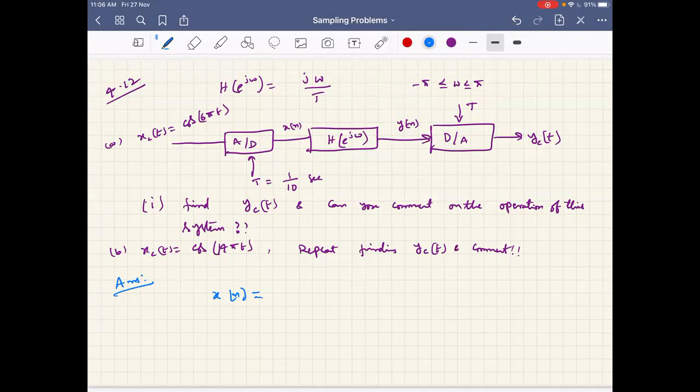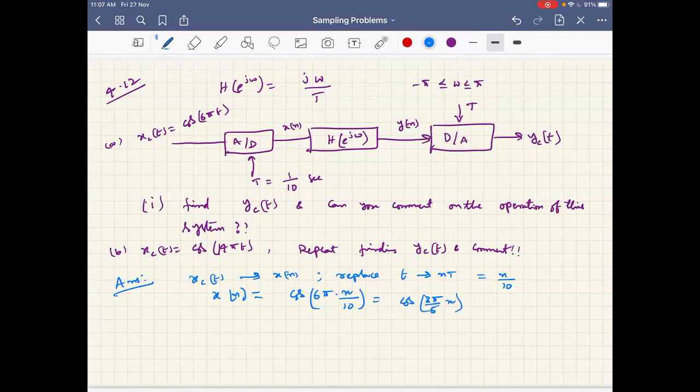So for converting xc of t to x of n, we replace small t by capital N into T, which is n by 10. So x of n can be written as cos of 6 pi into n by 10, which is cos of 3 pi by 5 into n.